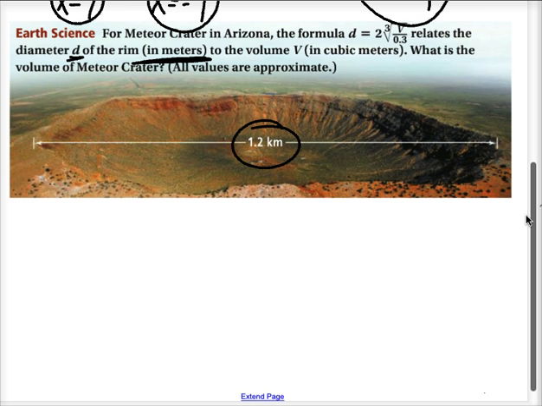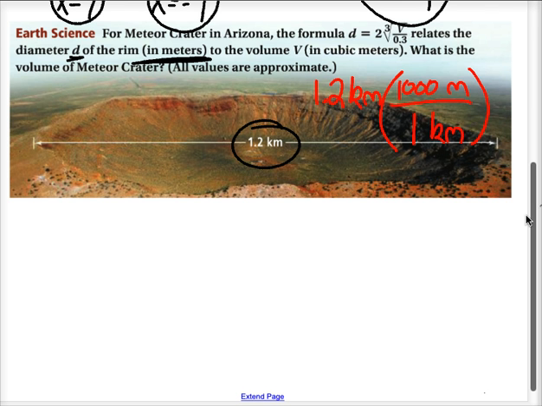So we have, and I'm going to change color to make it easier to see. So we have 1.2 kilometers. Now, how many meters go into a kilometer? Well, 1,000 meters per 1 kilometer. And again, how did I know how to make that transition?